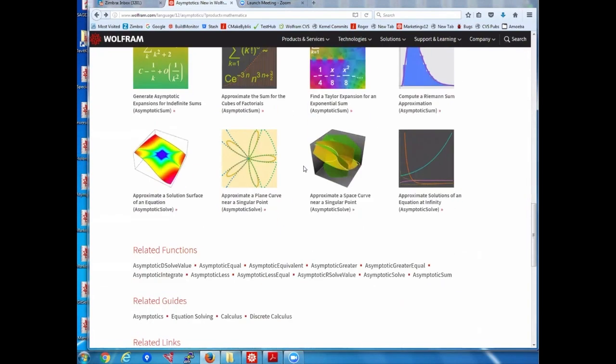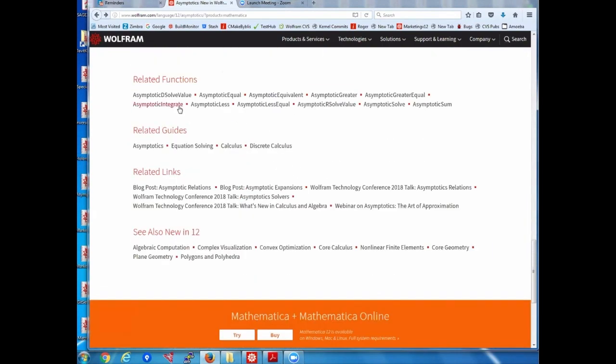And of course, if we want to dig deeper, we have the function pages. There's AsymptoticDSolveValue, which has received the most testing. By my estimate, with the help of interns, I've tested around 4,000 examples with this function. And then all the other functions have also received a lot of care in preparing nice examples. So the function pages are the place to go if you really want to dig deep into these functions.